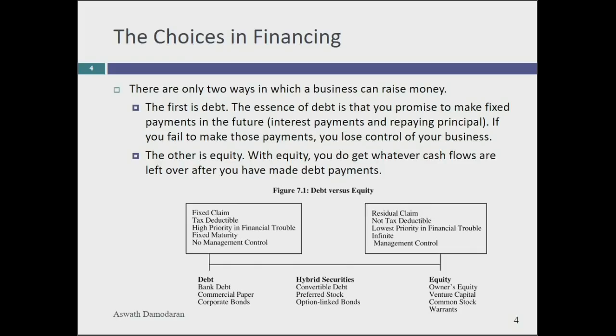So let's start with a very basic question: debt versus equity. I said there are two ways you can fund a business. Remember the financial balance sheet, debt versus equity. Let's draw the contrast. First, debt gives you a fixed claim, a contract. Let me take out the word fixed, because it could be floating rate debt. It's a contractual claim. Even floating rate debt is a contractual claim. It is usually tax deductible. There are portions of the world like the Middle East where that's not true, but usually tax deductible.